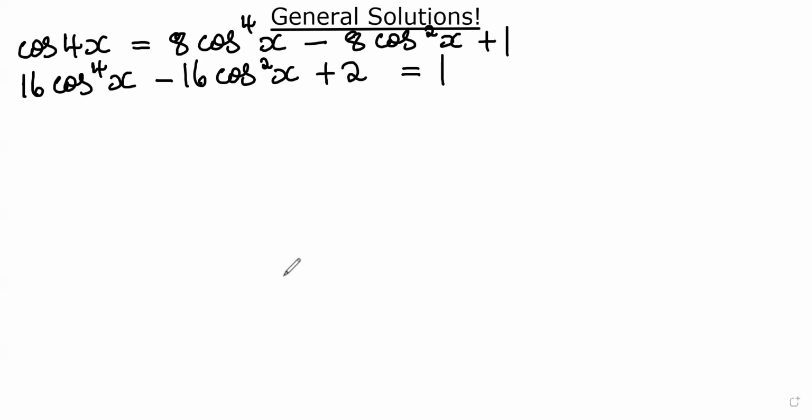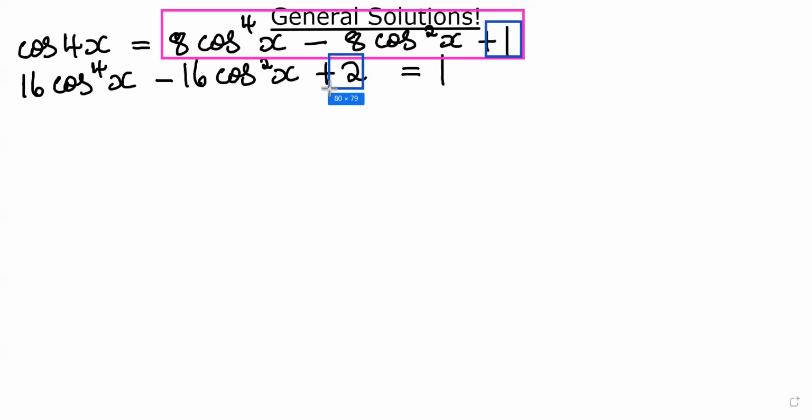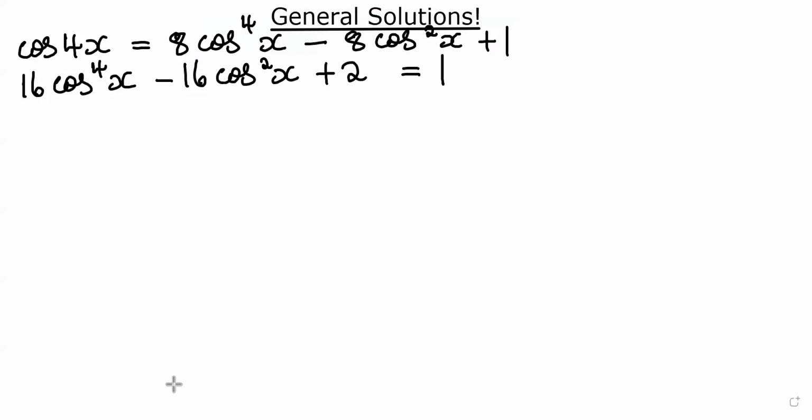Okay, so what we can see here is they actually multiplied this entire thing by 2. Because we're supposed to have a 1 there, it's now 2. We're supposed to have an 8 there, it's now 16. We are supposed to have an 8 there, it's now 16. So it means the cosine of 4x has been multiplied by 2, okay?